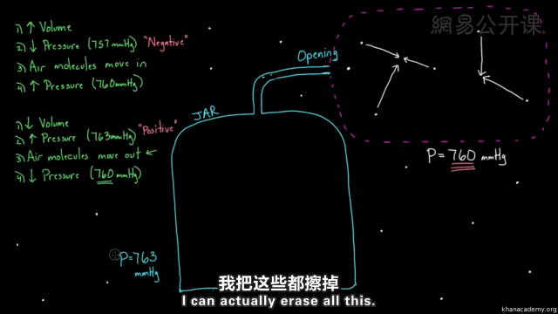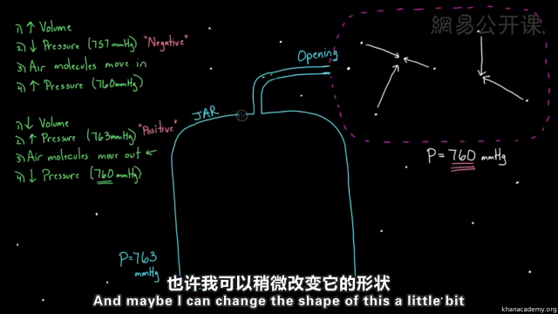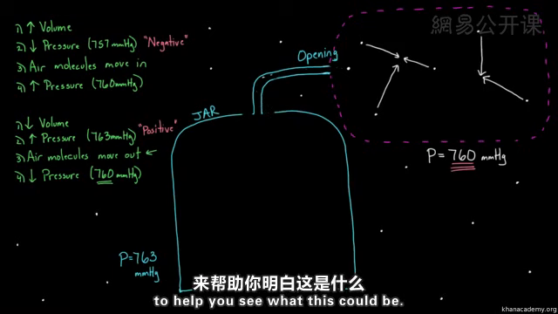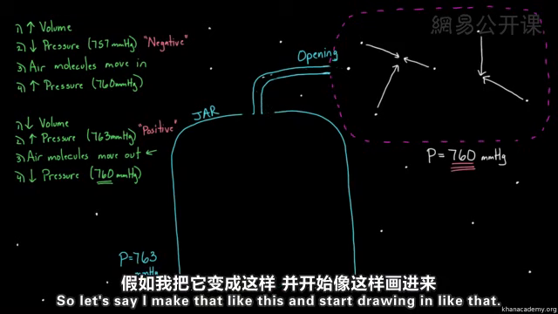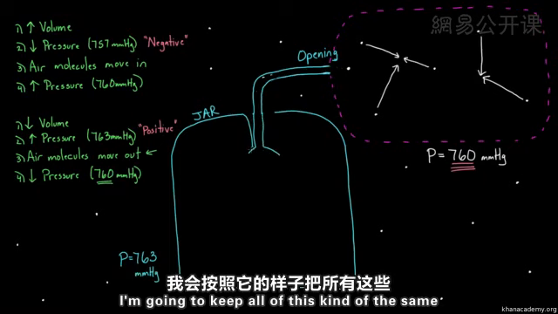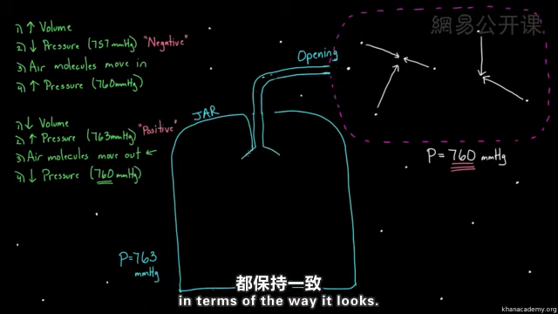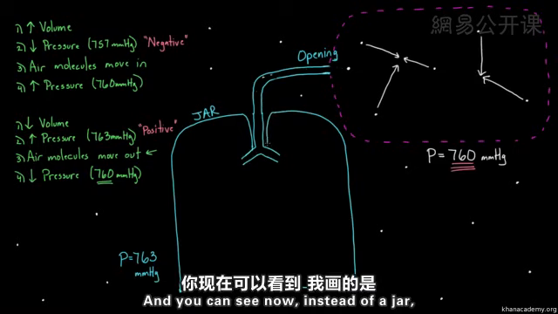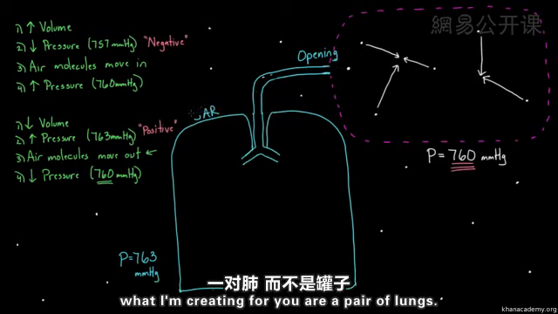I can actually erase all this, and maybe I can change the shape of this a little bit to help you see what this could be. So let's say I make that like this and start drawing in like that. I'm going to keep all of this the same in terms of the way it looks, maybe like that. And you can see now, instead of a jar, what I'm creating for you are a pair of lungs.